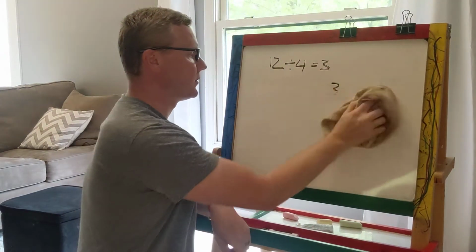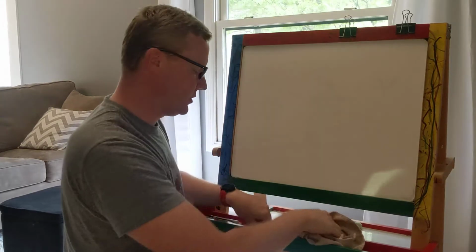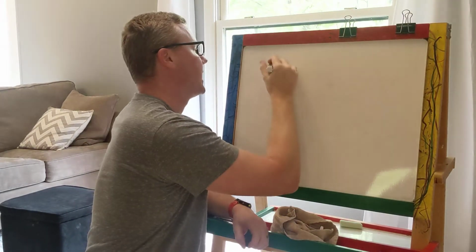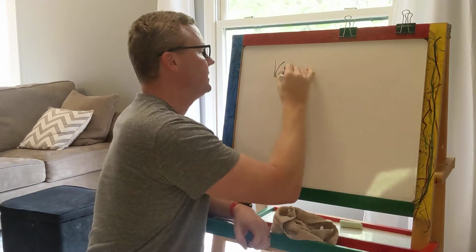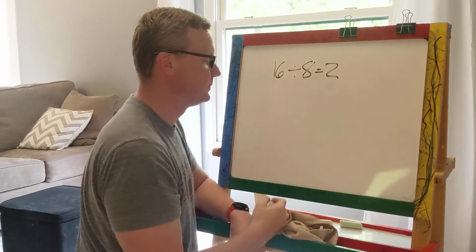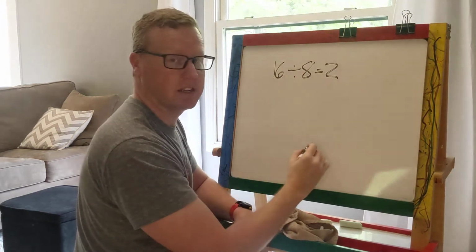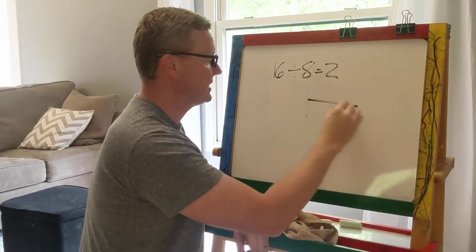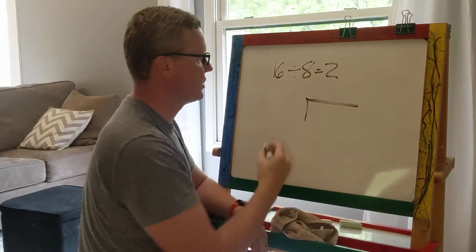I'm going to show you another one, and then I want you to shout out where you think I would put them. So I'm going to have 16 divided by 8 equals 2. I'm just going to write my divided by symbol first. This time I'm not going to use the check.